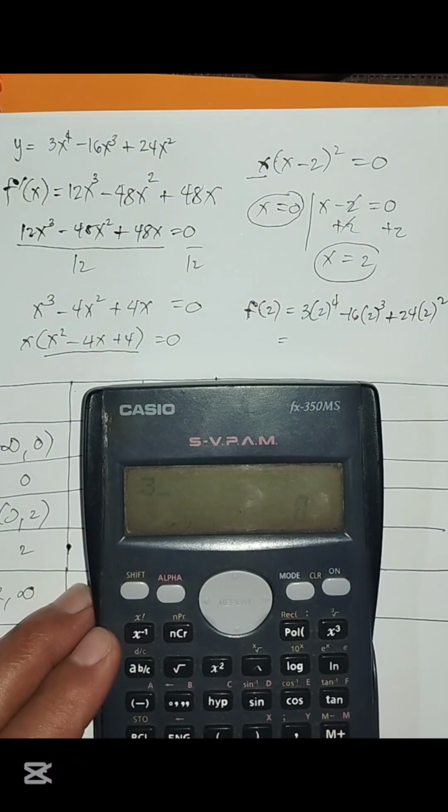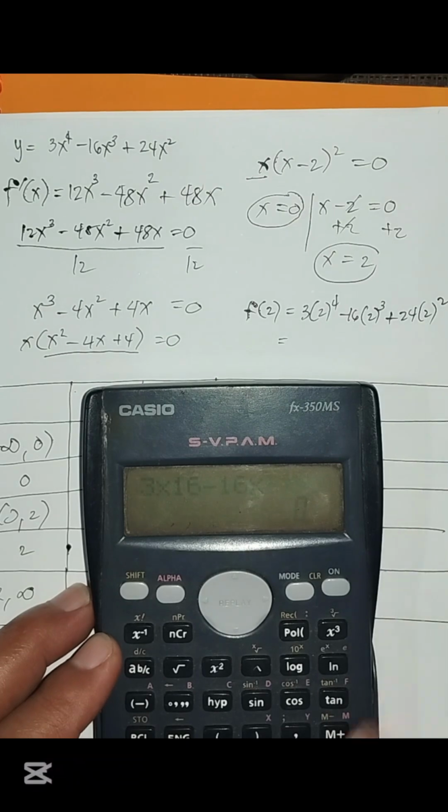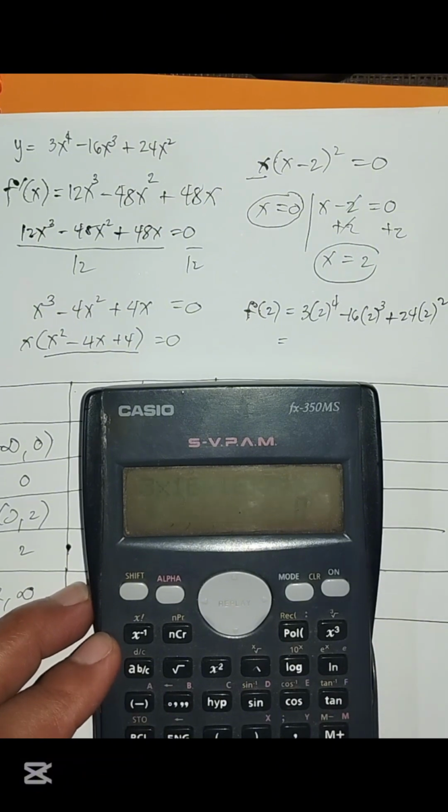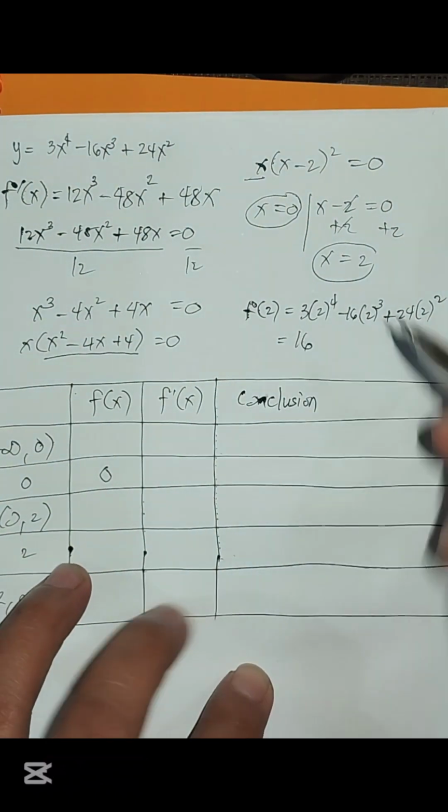So 3 times 2 to the fourth, 2 to the fourth is 16, minus 16 times 2 cubed, that is 8, plus 24 times 2 squared, so plus 4 times 24. Therefore f of 2 is equal to 16.